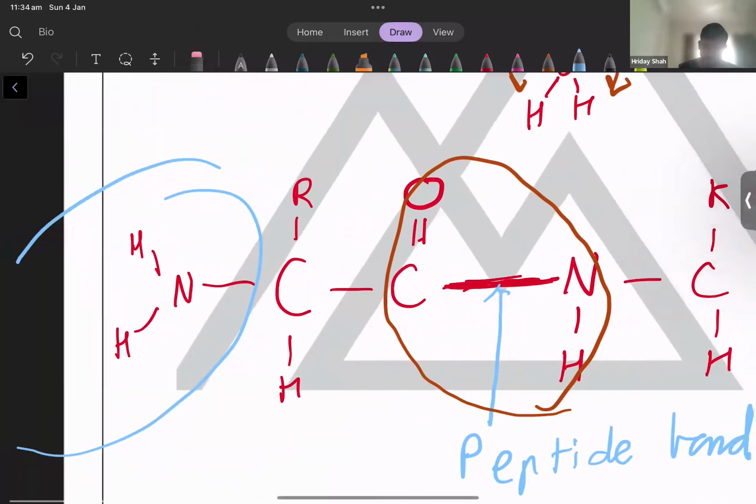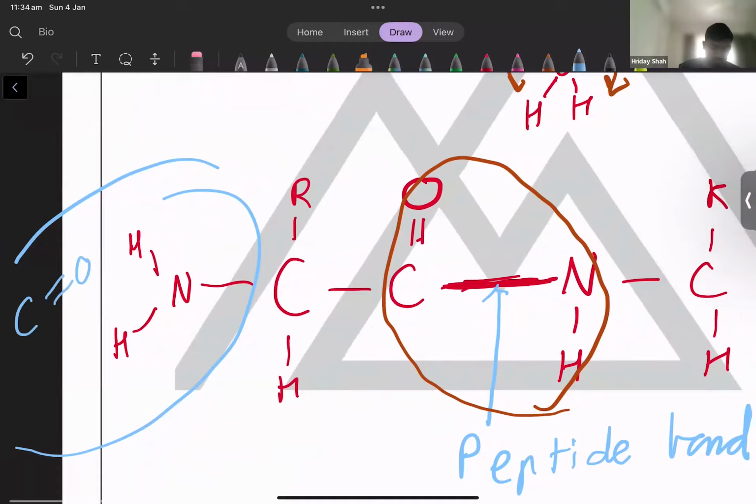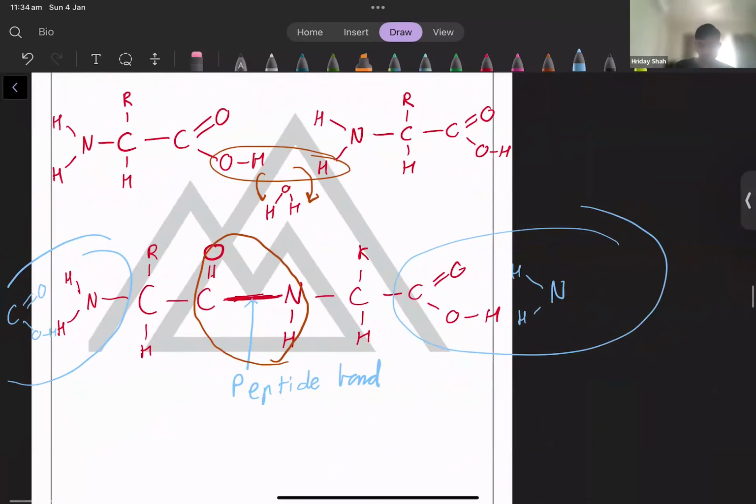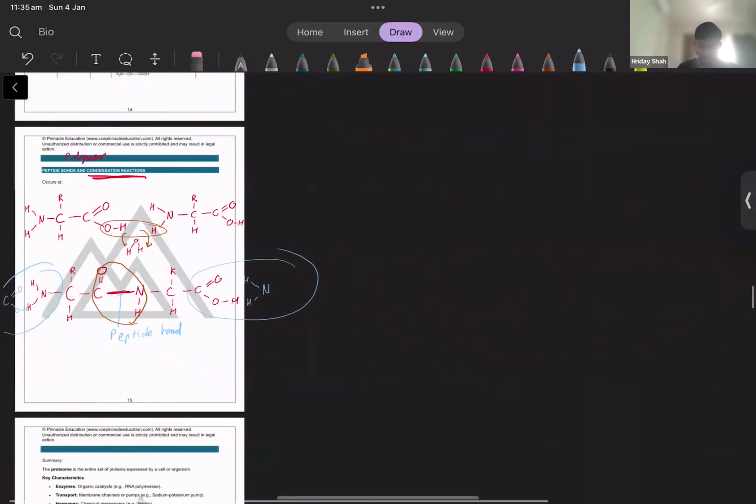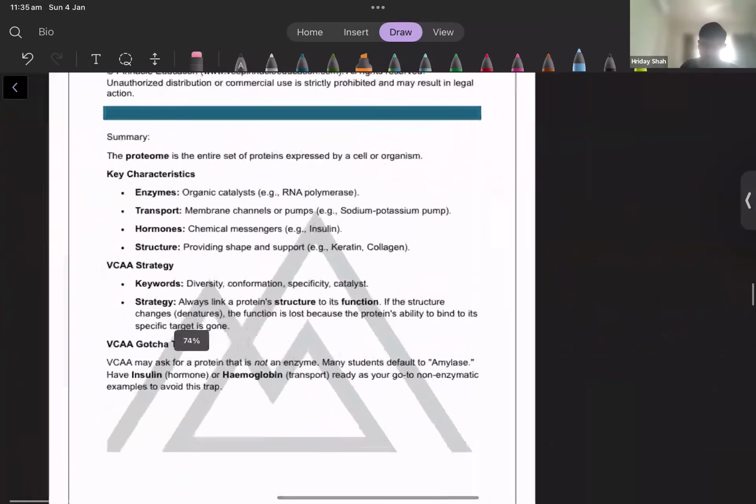And if you're adding it to this side, it's going to be with the carboxyl group. Okay. Any questions on that so far? No? Okay. So we move on.